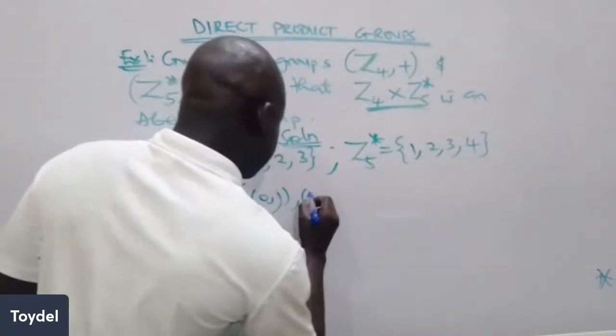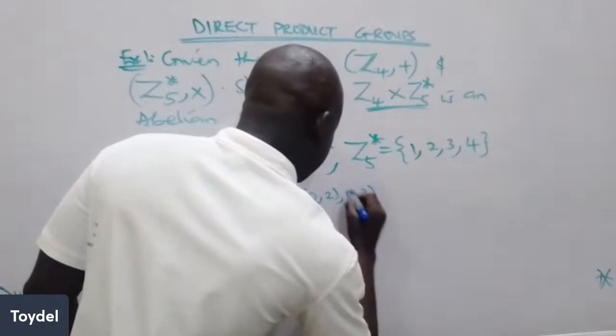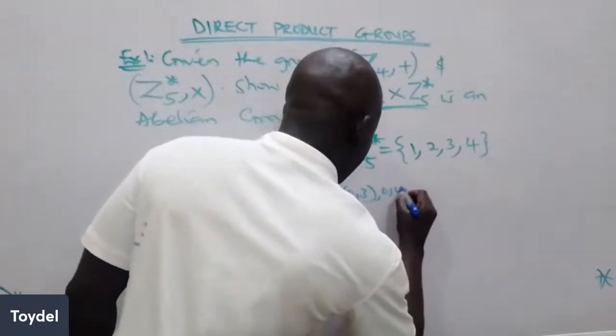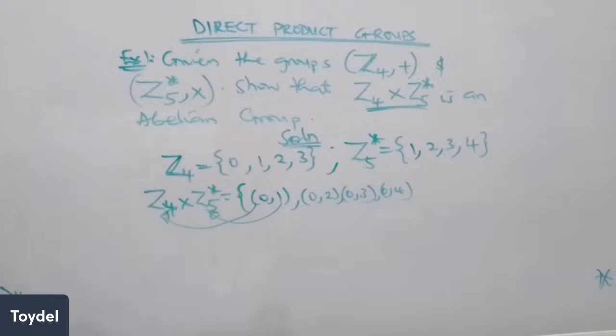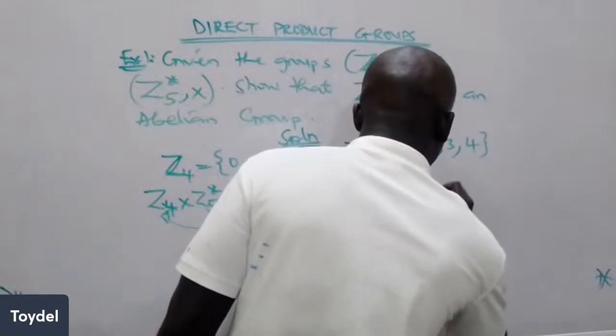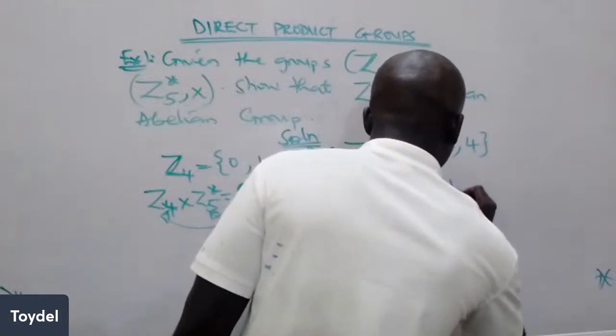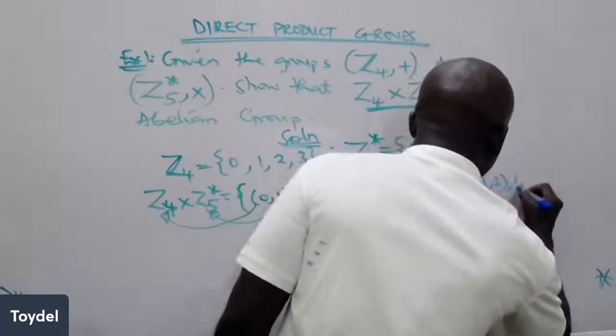Then we go ahead and pick (0, 2), (0, 3), (0, 4). Then we go to 1: (1, 1), (1, 2), (1, 3), (1, 4).